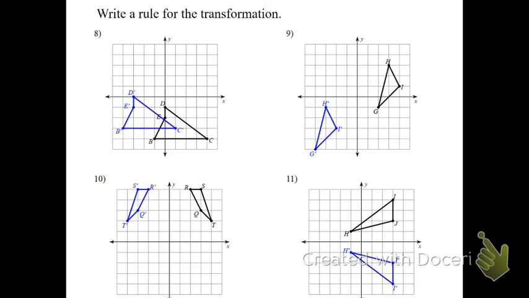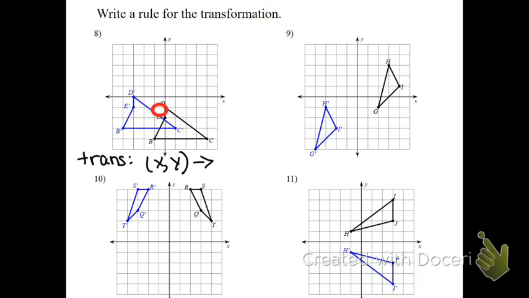Here's number 8. Number 8 is still a translation. So I'm going to write translation, and now I have to write my rule. x, y maps to, and now we've got to figure out what we do to get from the original black image to the new blue image. Okay? So just look at one point.